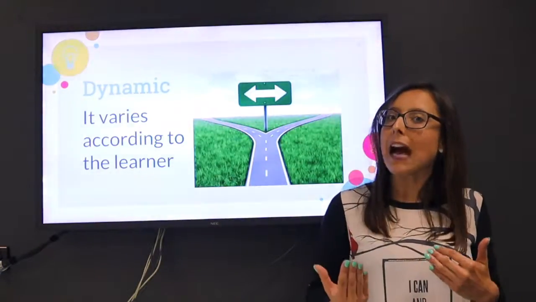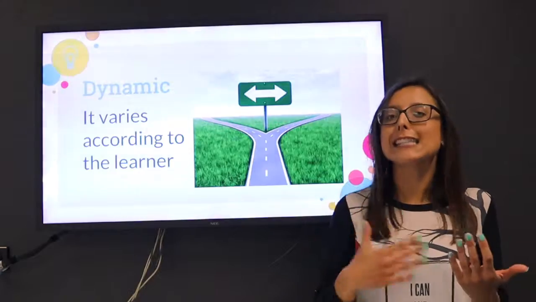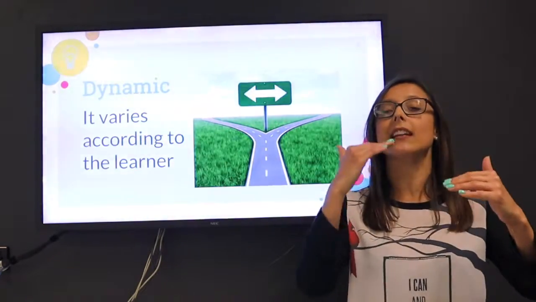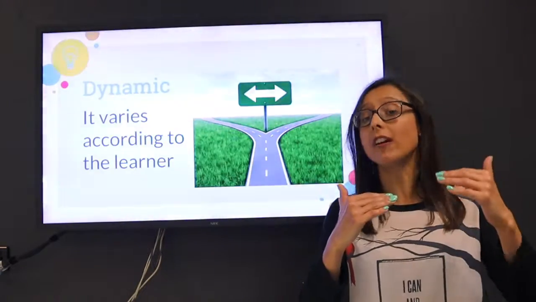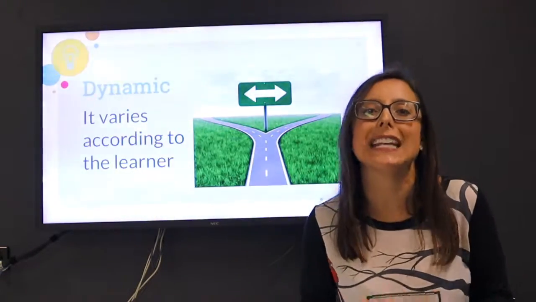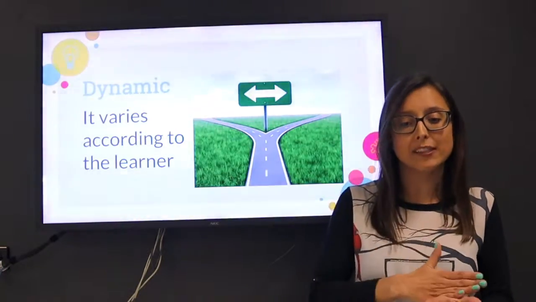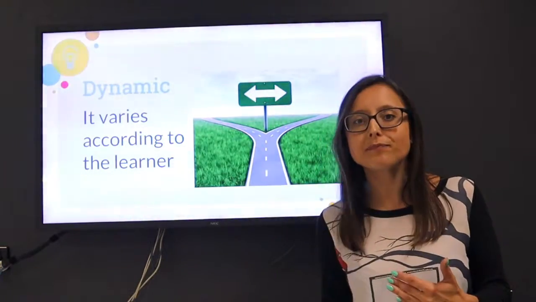However, at the same time the language learning is systematic, at the same time it has a certain path and a certain order, it is also dynamic. Why is it dynamic? It is dynamic because it varies according to each learner.